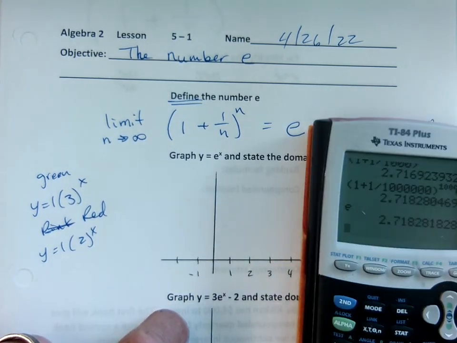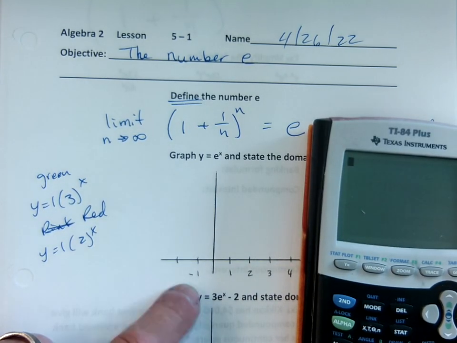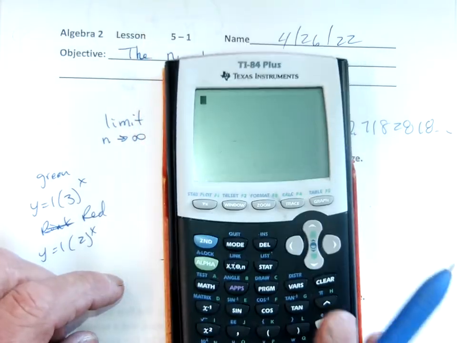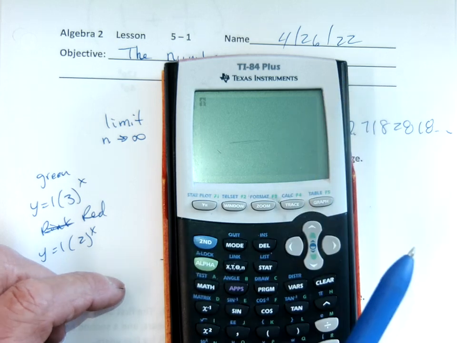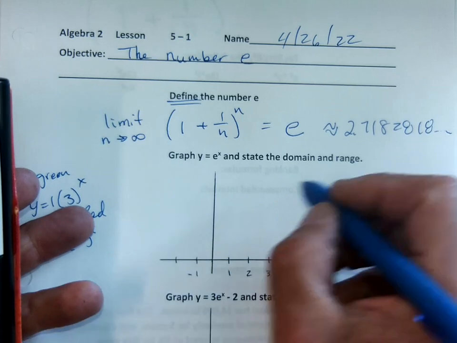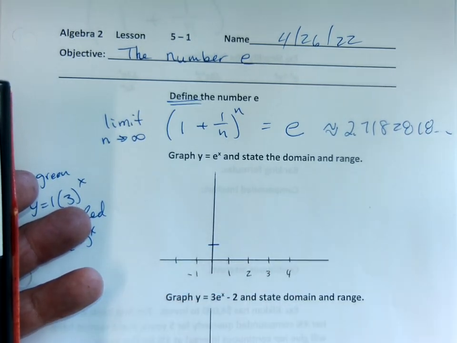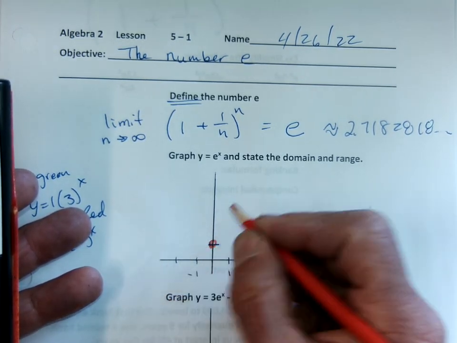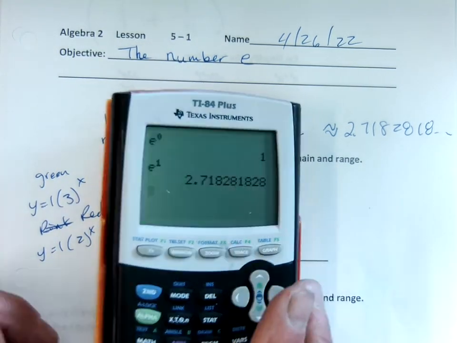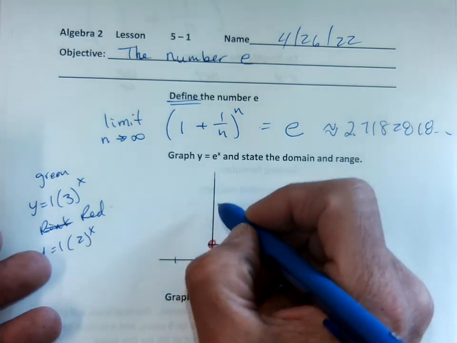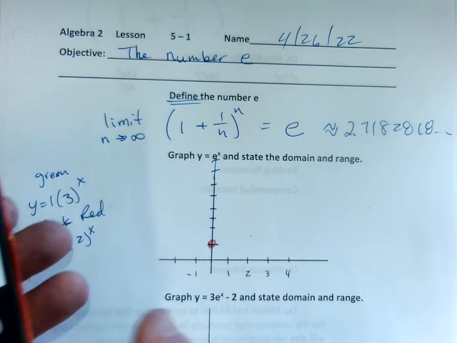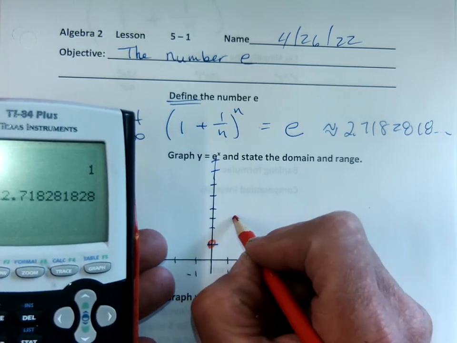So the best way to do it is, let's just put in some values. I'm going to use this button right here, e to the x. You guys see my button, e to the x? If I go e to the 0, I get 1, so I'll have a value at 0, 1. If I put e to the 1 power, I get about 2.7.